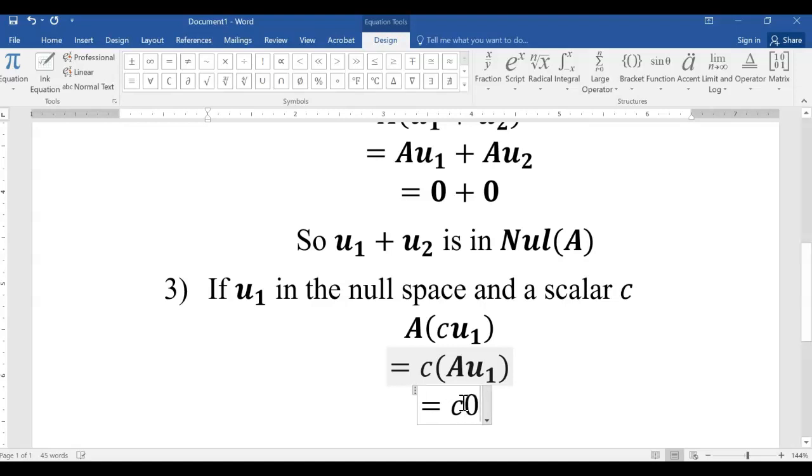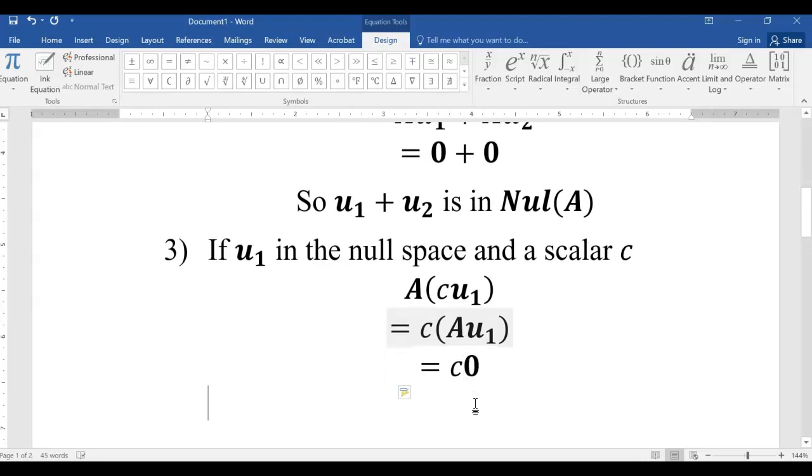Keep doing that. I keep thinking bold. A scalar times the 0 vector is simply the 0 vector.